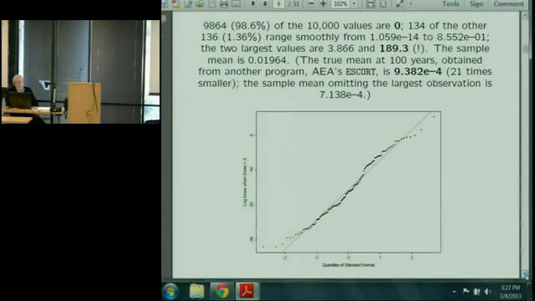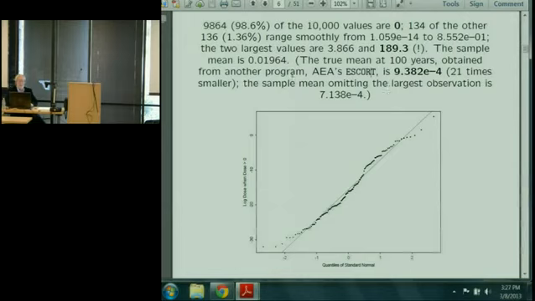The sample mean came out 0.01964. And the true mean, they have another program called Escort in which they can work out what the true mean is. And it turns out to be about 1 times 10 to the minus 3, which is 21 times smaller than the actual sample mean. And you get a sense of how much effect that outlier had on things.